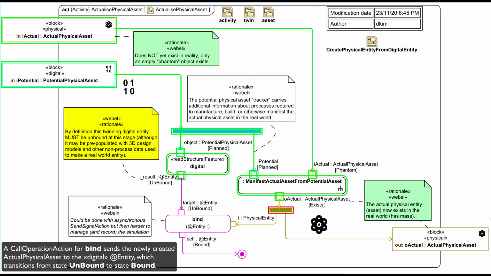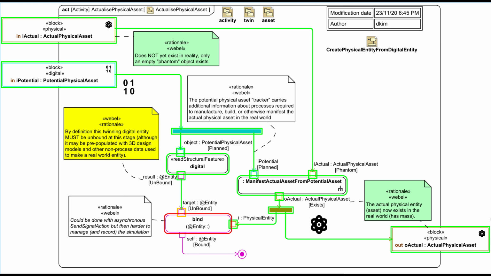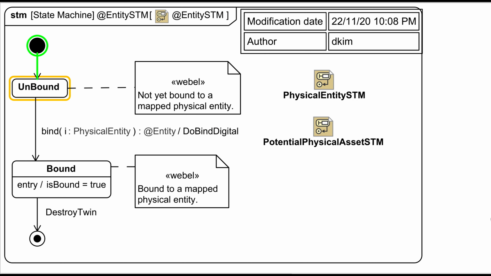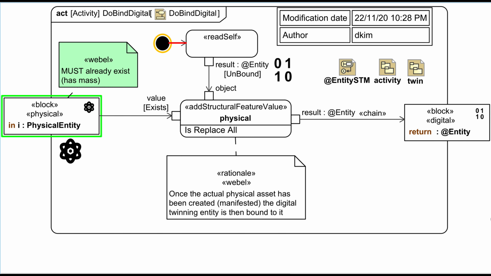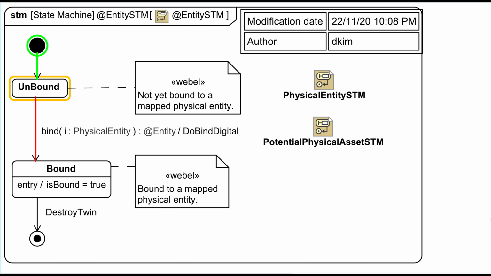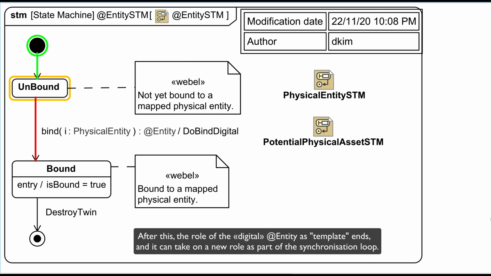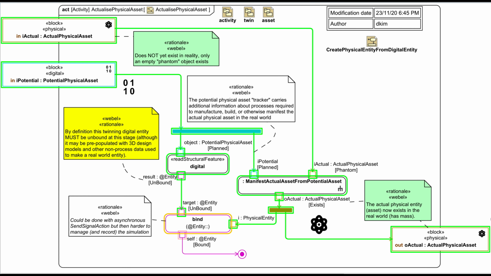A call operation action for bind sends the newly created actual physical asset to the digital entity, which transitions from state unbound to state bound. The doBind digital effect activity just assigns the physical entity to the digital entity. And the digital entity transitions to the state bound. After this, the role of the digital entity as template ends, and it can take on a new role as part of the synchronization loop.